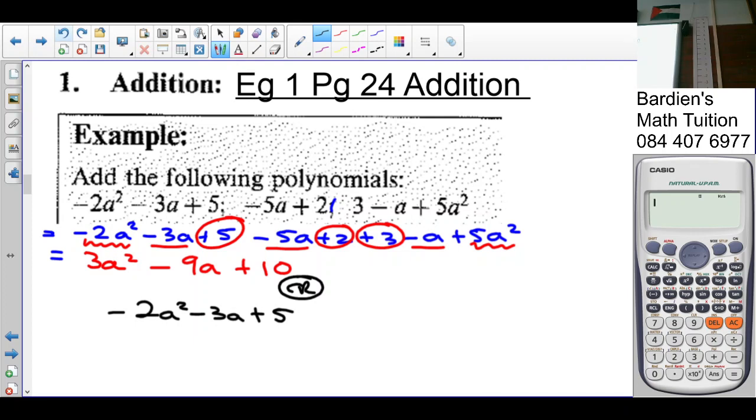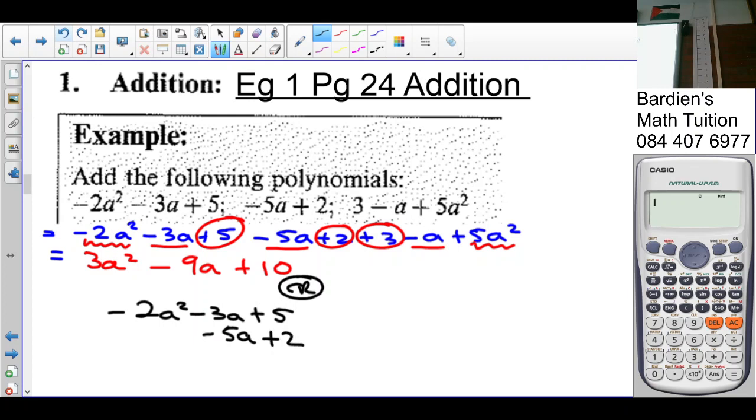Which is the first, the trinomial. Then we must add negative 5a plus 2. So we put the like terms one below the other. So we got minus 5a goes under minus 3a, plus 2. Can you see there are like terms there?